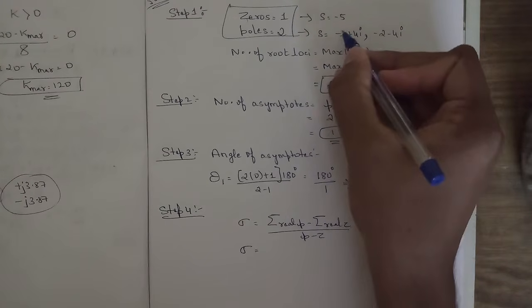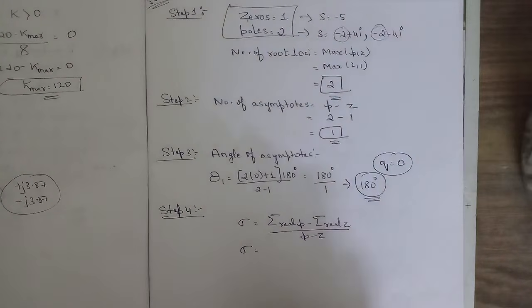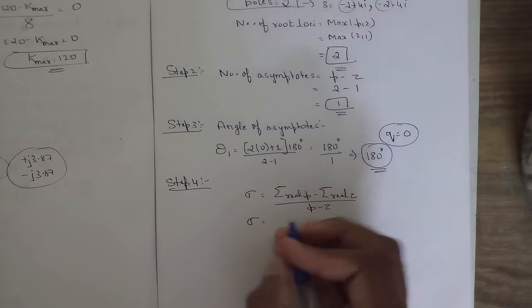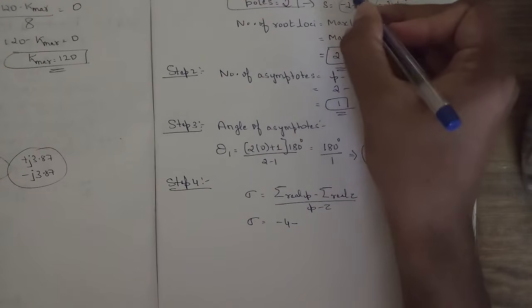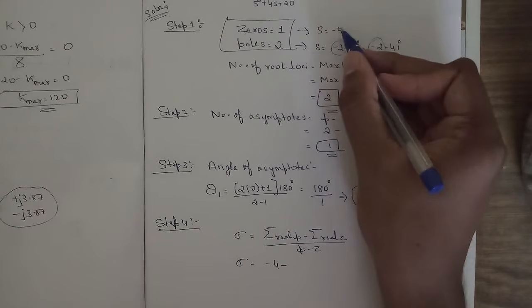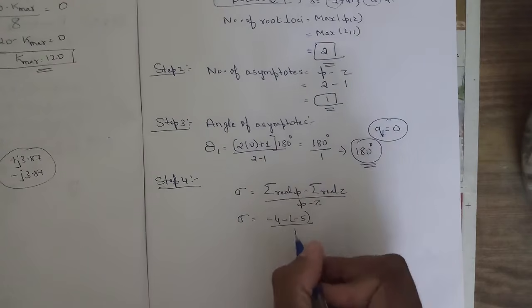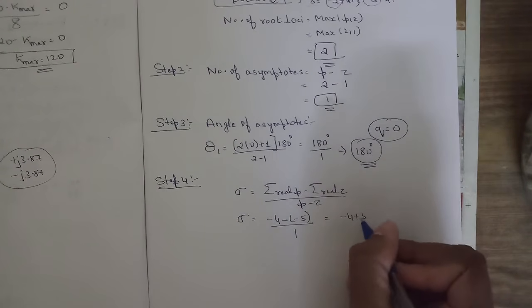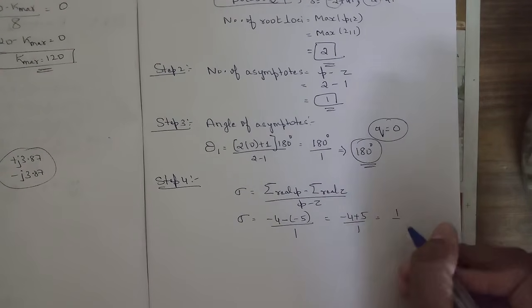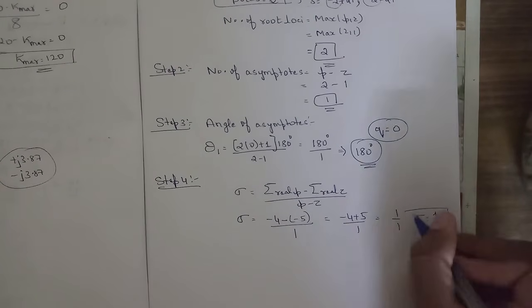What are the real parts of the poles here? Minus 2 and minus 2. We sum it up, that is minus 2 minus 2 is minus 4, minus the real part of zeros, that is minus 5. So minus of minus 5, divided by p minus z which is 1, so minus 4 plus 5 is 1, so 1 by 1, and our sigma is 1.